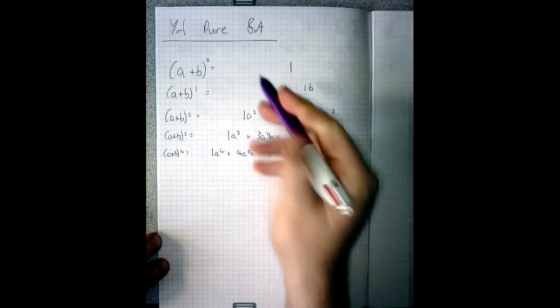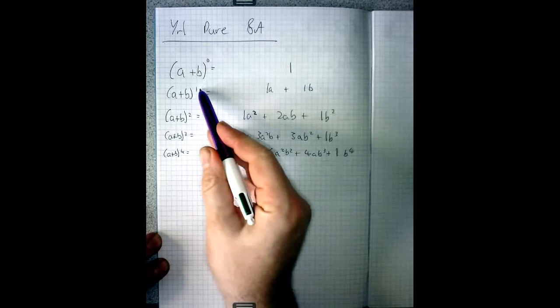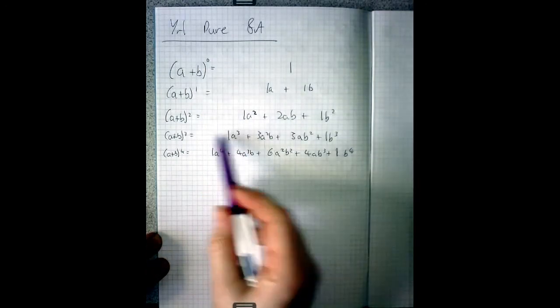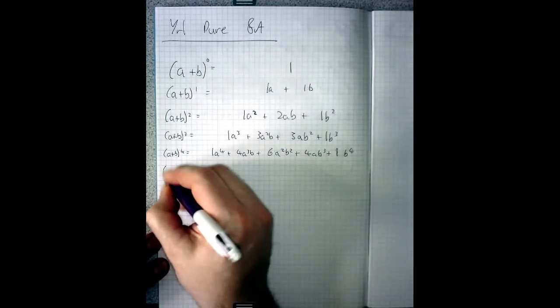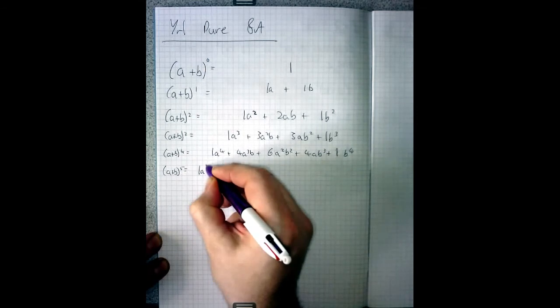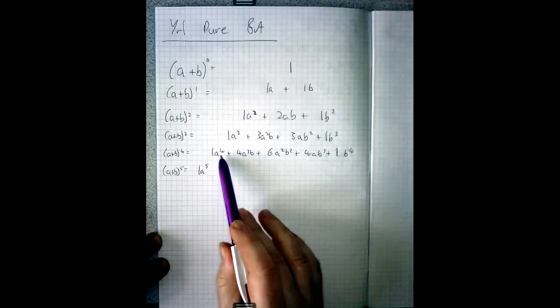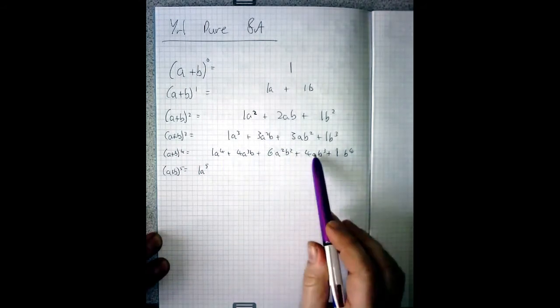Okay, so the patterns here: look at the powers of a. Powers of a always start with the power of the bracket: a³ for (a + b)³, a⁴ for (a + b)⁴. So not surprisingly, the beginning of the next line will be 1a⁵.